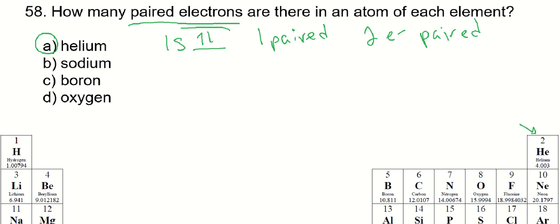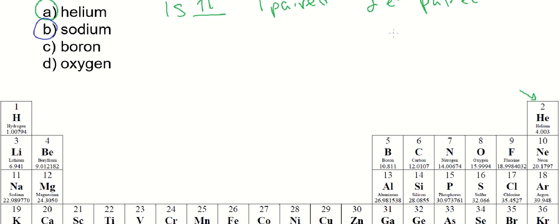Okay. Sodium is number 11. Everything before it is paired because they're full. The orbitals are full, and every orbital has a pair of electrons, except for sodium's valence electron.